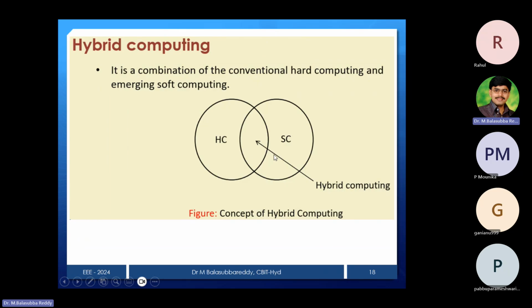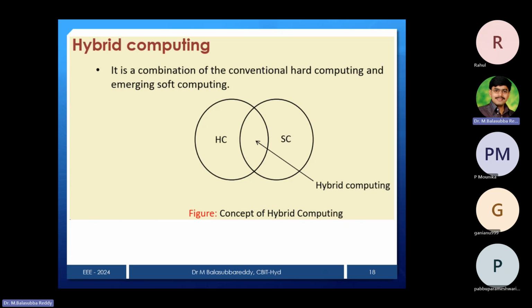Now I can see another one, hybrid computation. As I mentioned, it is a combination of conventional hard computing and emerging soft computing. Or you can mix some algorithms also. That we also call hybrid computing, mixing the two things.